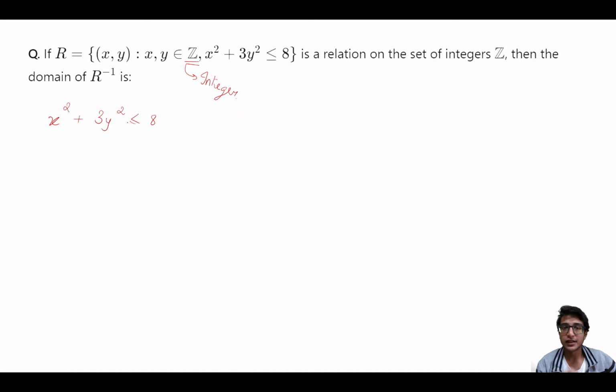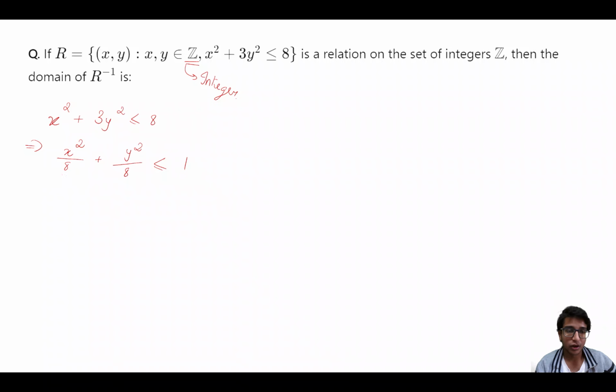So let me convert this into my standard ellipse form. So this would become x square upon 8 by 3 plus y square upon 8 less than or equal to 1. So this is how I can represent this standard ellipse, right? I've taken 8 below and I've removed the 3 coefficient from y square.